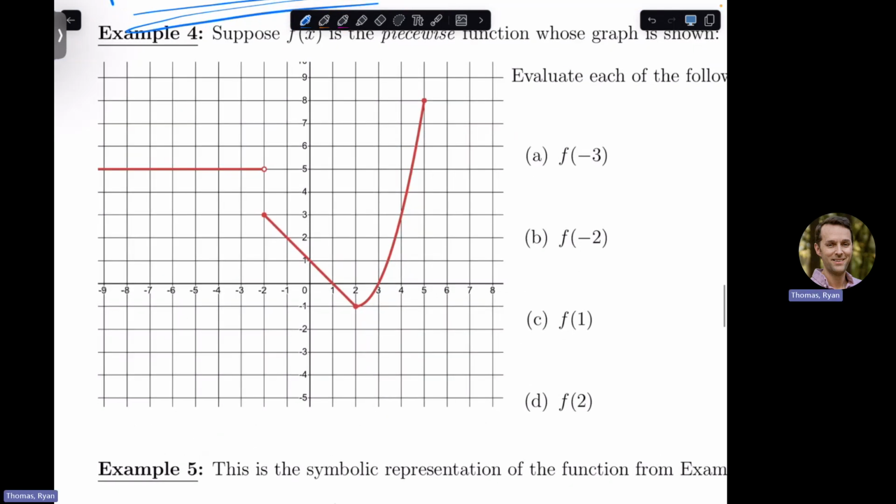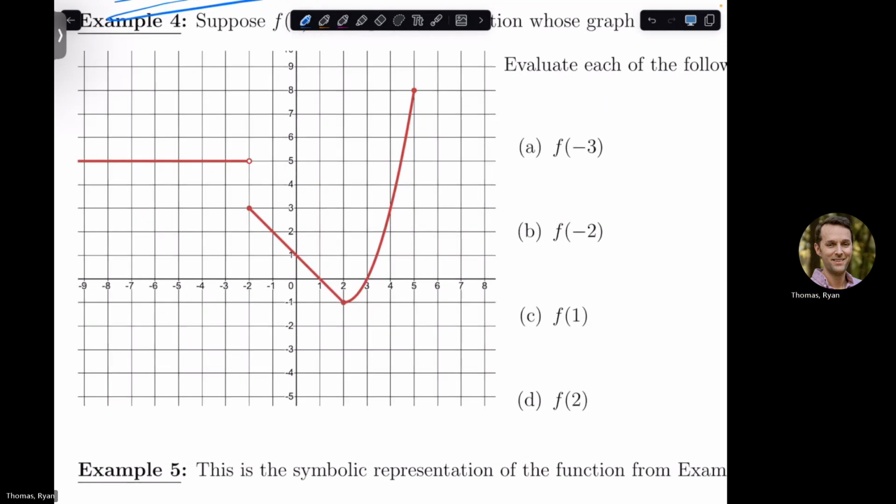Graphically, piecewise functions look strange. So we just go look them up, we figure out what they are. What's f of -3? It's 5, because when x is -3, there you go, f is 5.